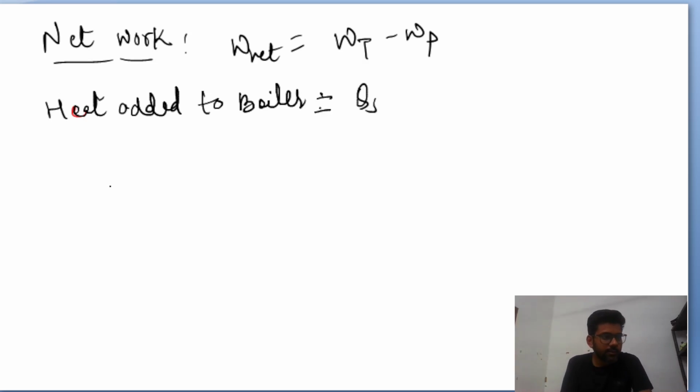Then the efficiency of the cycle is W net divided by QS, that is the heat supplied.